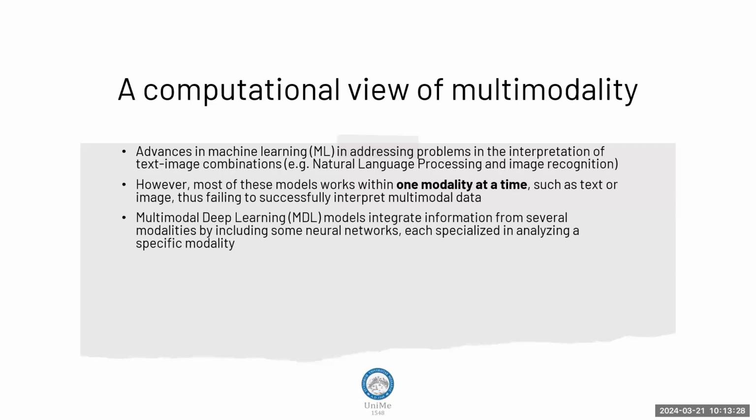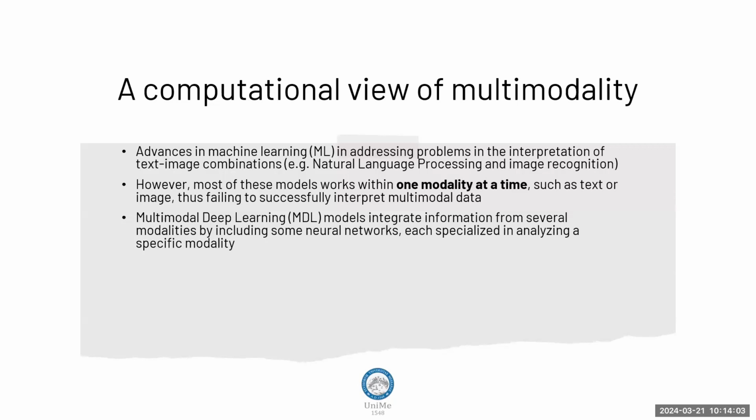So multimodal deep learning, so you see here the use of multimodality, but in a different context, integrates information from several modalities. These are called modalities in computational models because they are not conceptualized as resources, but as basically channels, which is theoretically very different, by including some neural networks, and each neural network is specialized in analyzing one specific modality.